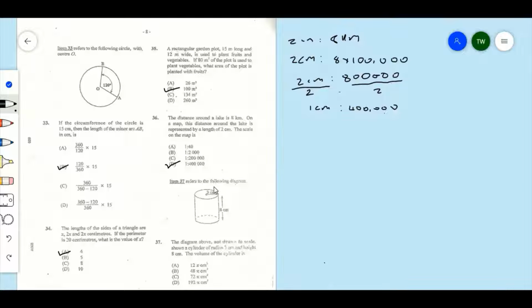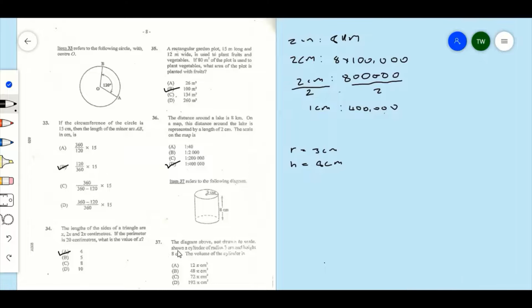Now 37 refers to the following diagram. So here we have a cylinder. We're given the height, which is 8 centimeters. We're given the radius, which is 3 centimeters. So we know that the radius of this cylinder is 3 centimeters, and the height, which is h in this case, is going to be 8 centimeters.